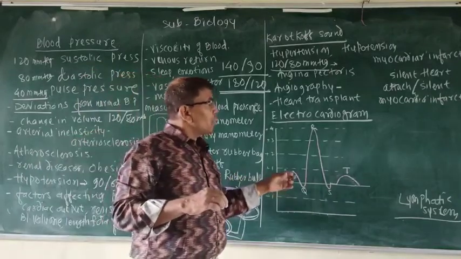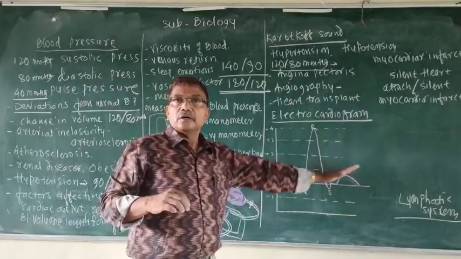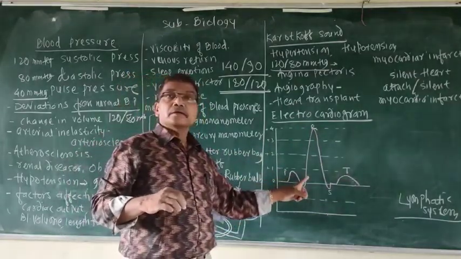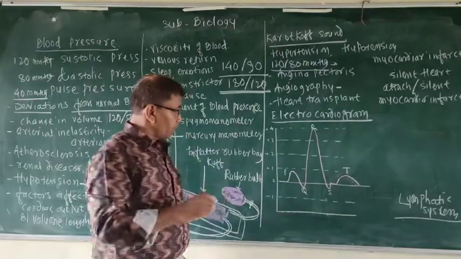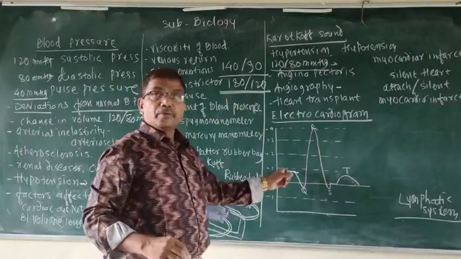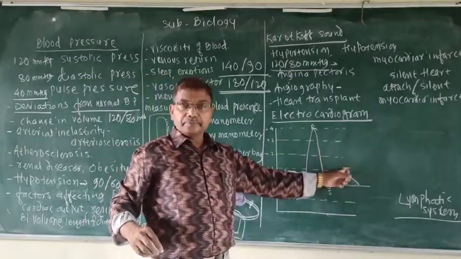This electrocardiogram consists of a graph having these waves: the P wave, Q, R, S waves and the T wave.